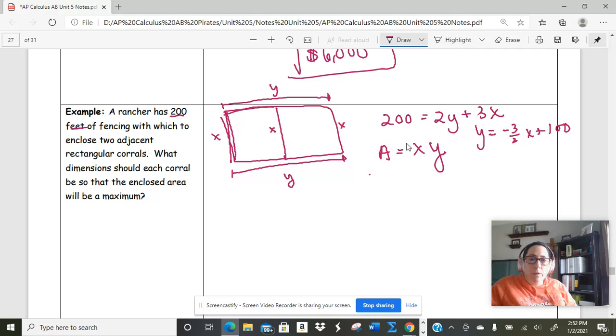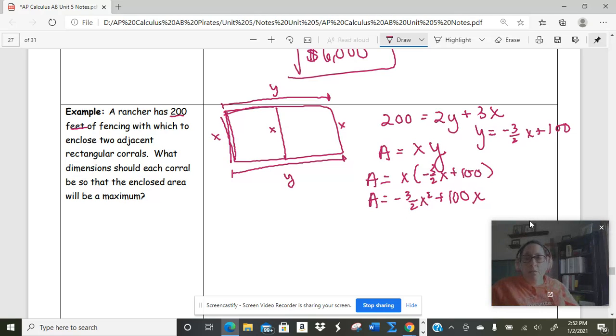Okay, so I'm going to plug that in. And go ahead, I'm going to simplify so I can take an easy derivative here. And let's see, I know that x and y both have to be greater than 0.